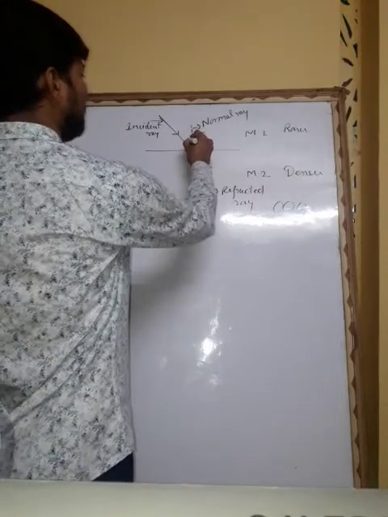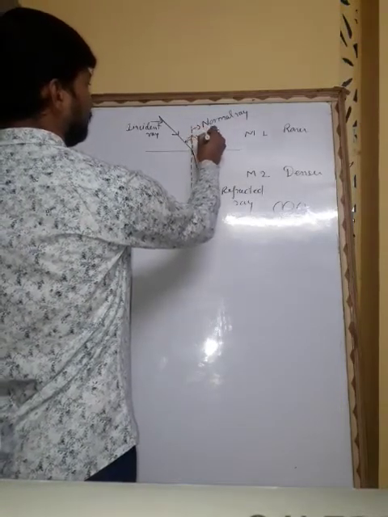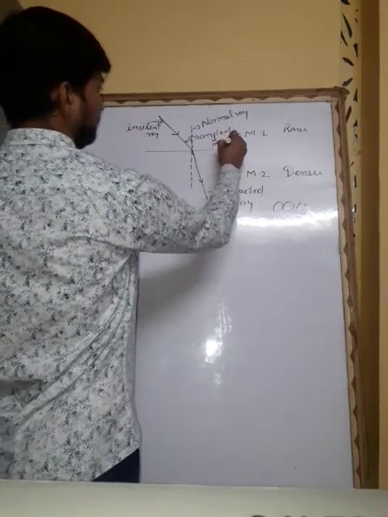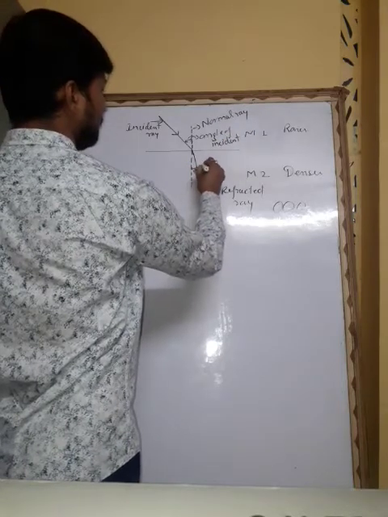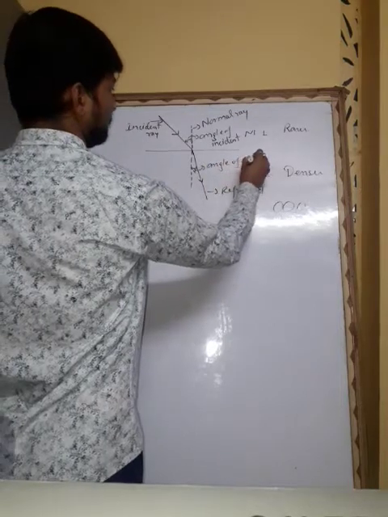The angle between the incident ray and the normal is called the angle of incidence, and this angle is called the angle of refraction.